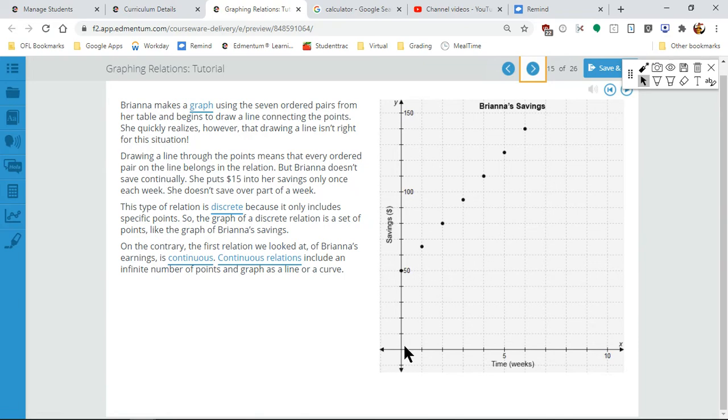So if we graph it, we have to start right here at 50 because that's where we're going. And this is known as discrete. Most algebra classes don't talk about this, but this idea of discrete means that it's only made up of points. She doesn't have like $60 sometime in the middle of week 0, week 1.